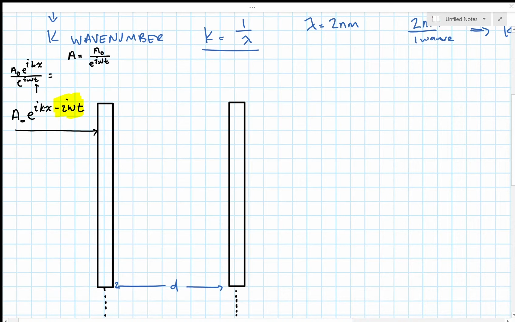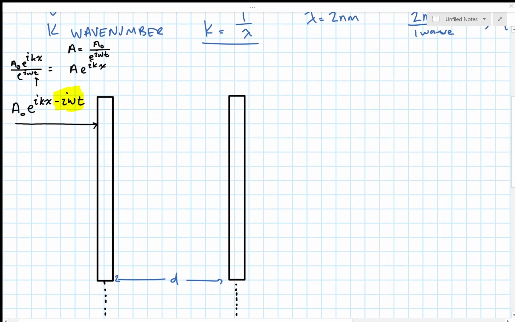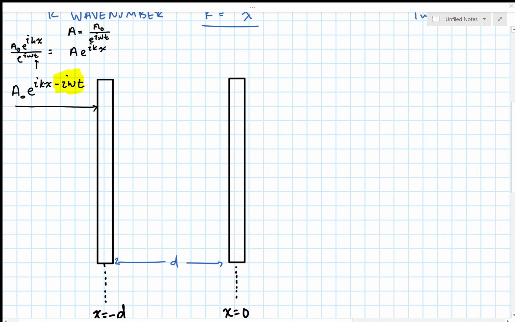Because this e to the i omega t doesn't change, now I can rewrite this as A times e to the i k x. And now my A is not going to change at all, and it's just a little bit easier to write all of this stuff. Because of the way the interferometer is set up, I know that this time stuff is not going to change.